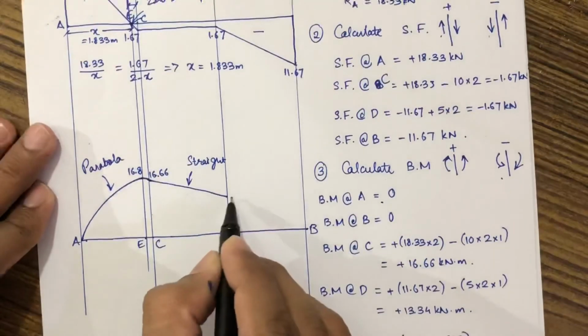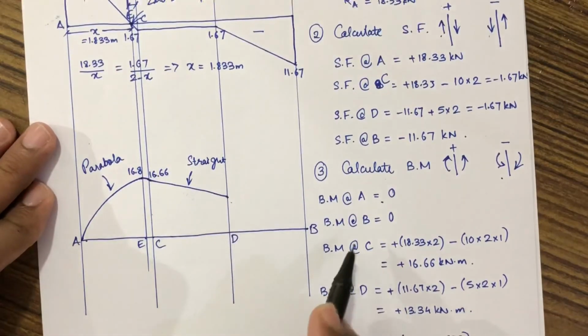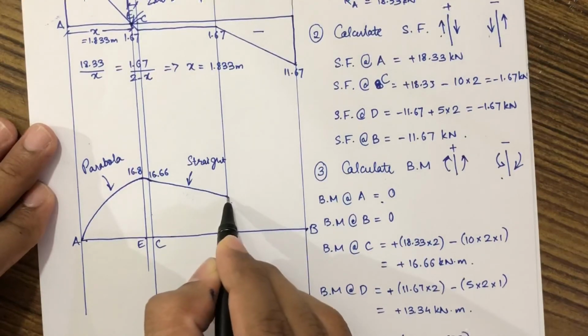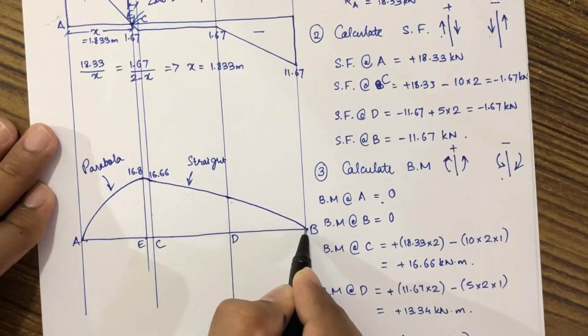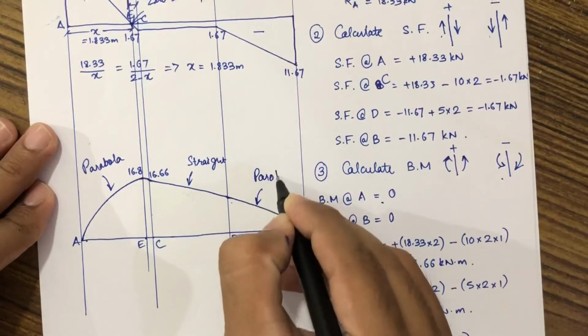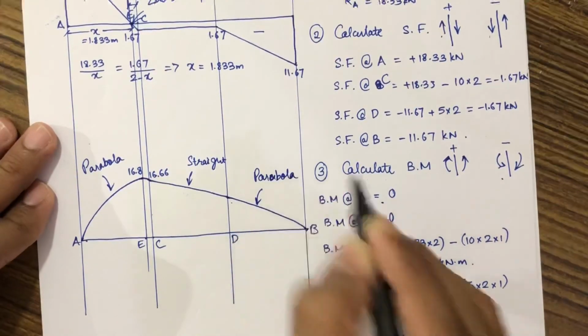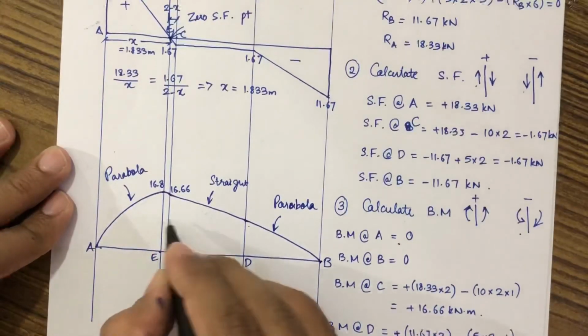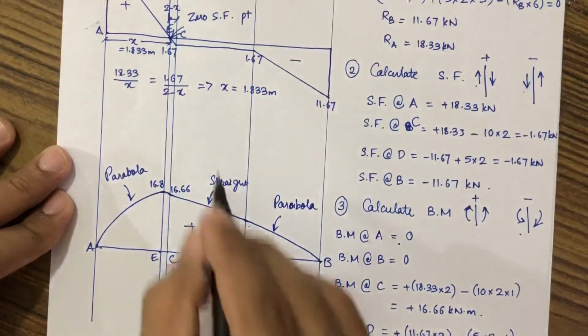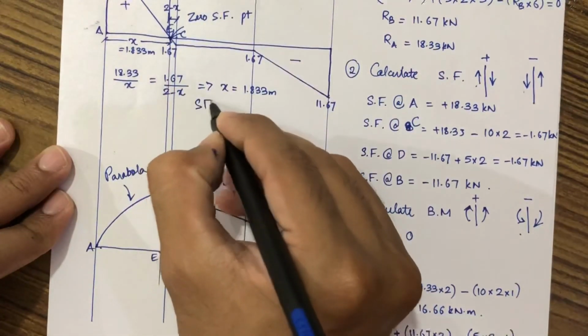So this will be parabolic in nature, and at B it is 0. So this will just fall like this, and this is also parabolic in nature. Clear? So this is the bending moment diagram and this is the shear force diagram.